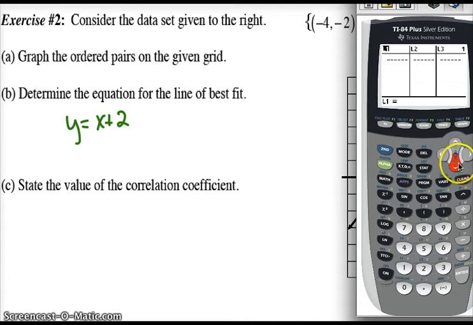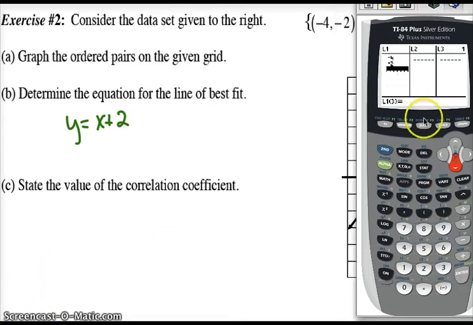Hit clear, arrow down, go to the right, arrow up, hit clear, arrow down, and if you recall, all we're doing is we're putting the X values in for list 1 and the Y values in for list 2. So on your paper, you should be able to see them. My calculator's covering them. Okay, so put those numbers in.